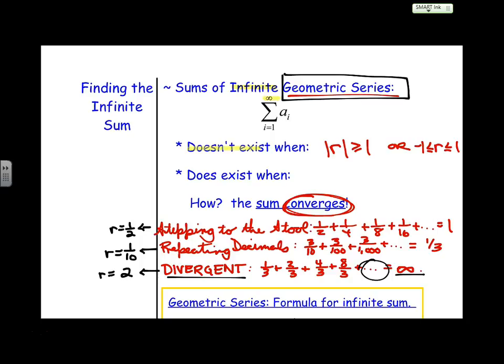The infinite sum will not exist when R is... Oh, I just put that backwards. Oh my goodness, I totally put that backwards. Fail, fail, fail. It's a momentary fail. Much better than an infinite fail. R is greater than or equal to 1, or R is less than or equal to -1.